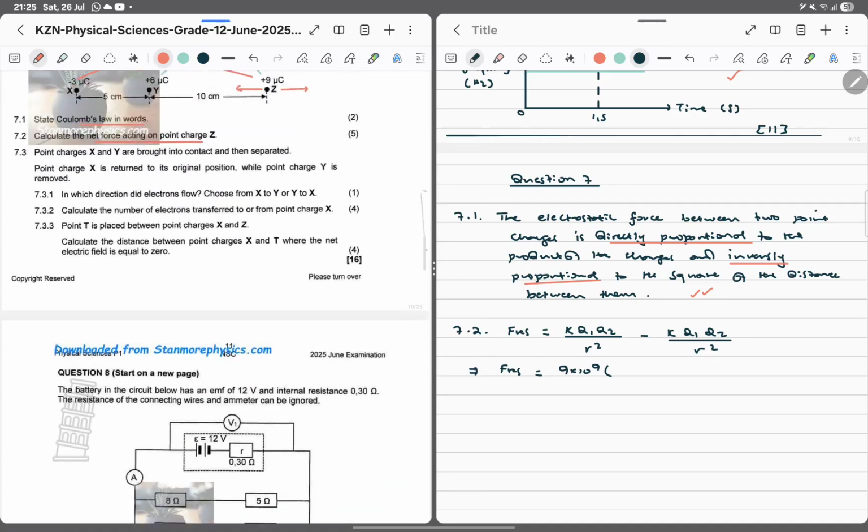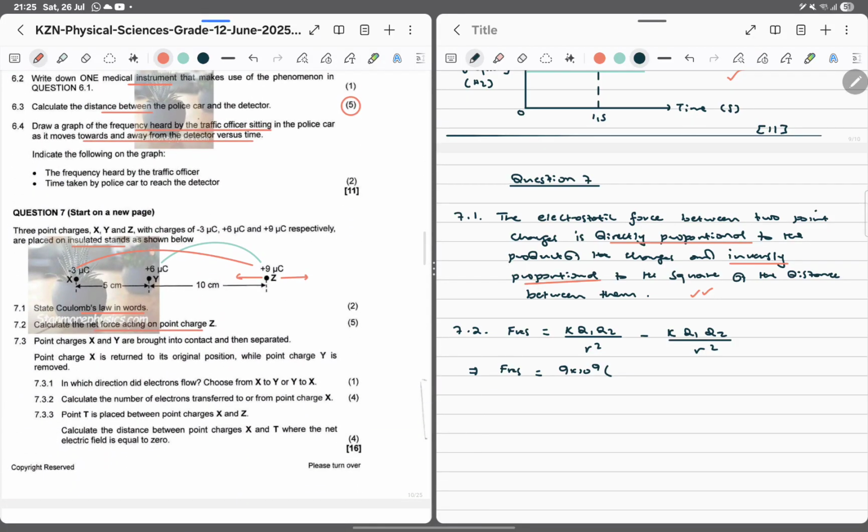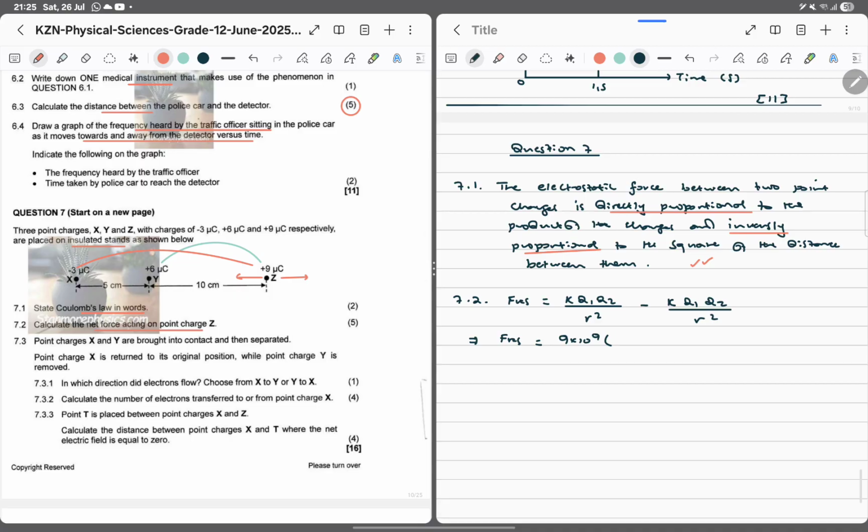Yes. Okay. So this is the first charge, which we don't care now about their sign. It's 9 times 10 to the -6 times 6 times 10 to the -6, all divided by the distance between these two, which is 10 centimeters. So we convert that to meters. So 10 divided by 100 is 0.1.